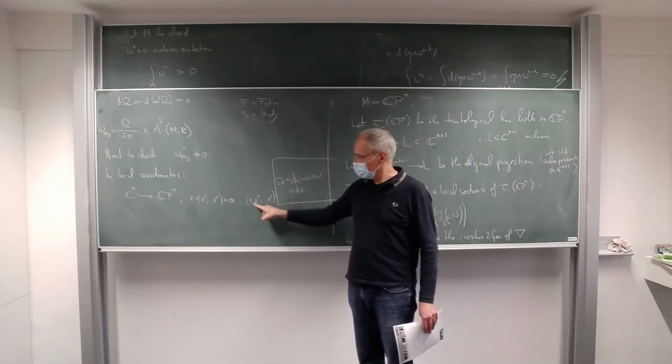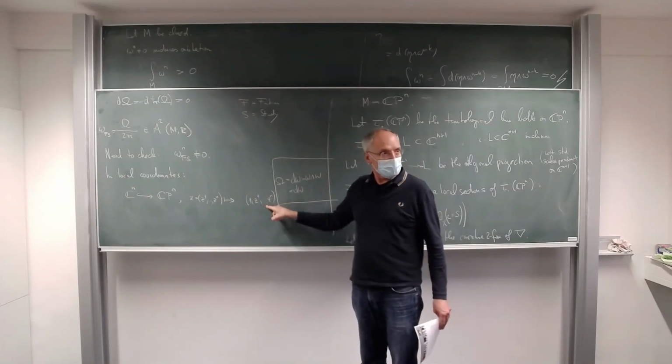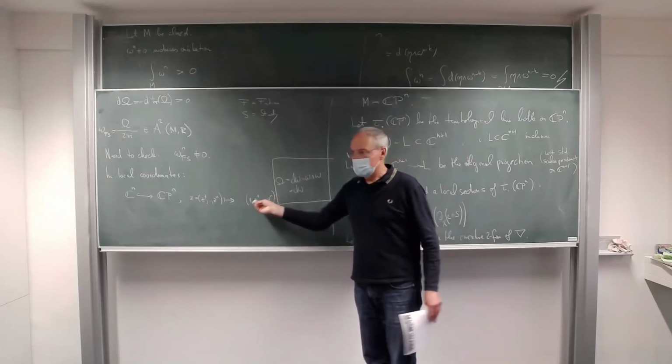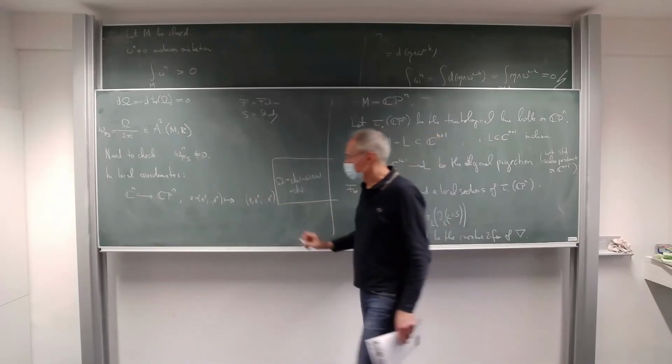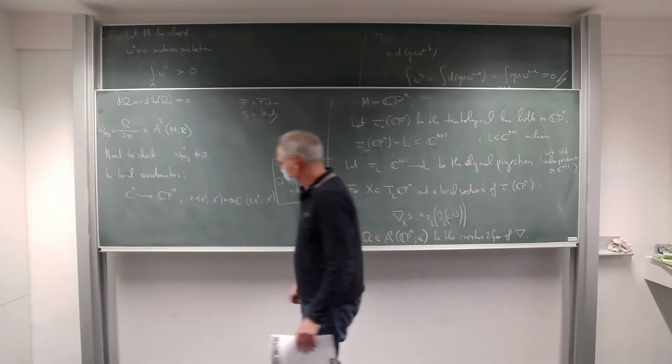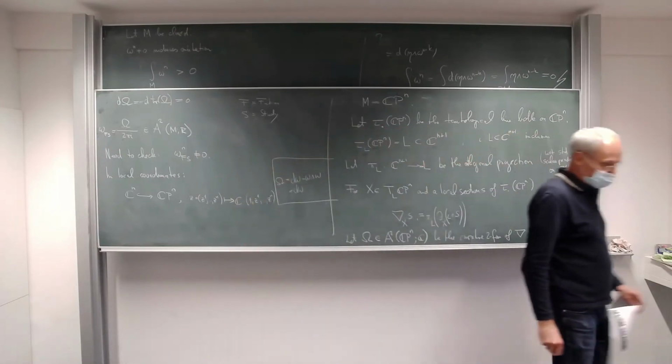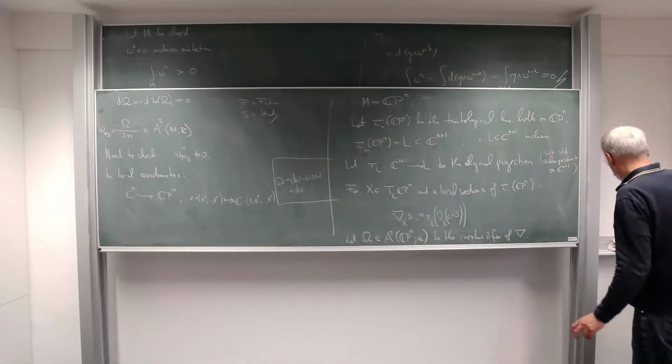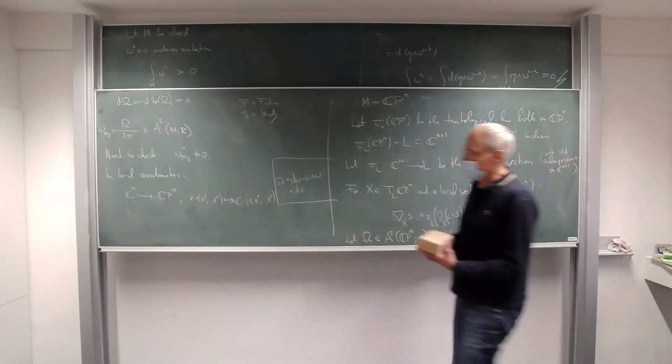Let me just do it with this one, because it doesn't really matter. It's just a matter of notation where you put the indices. So this is a vector in C^(n+1), and let's look at the line generated by it. So that would then be an element in CP^n.